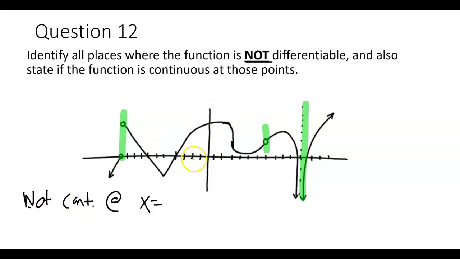It's kind of hard to tell. 1, 2, 3, 4, 5, 6, 7, 8, 10. Looks like maybe it's 11. So negative 11 and 7 and positive 11. So the function's not continuous, and therefore it's also not differentiable at those points.